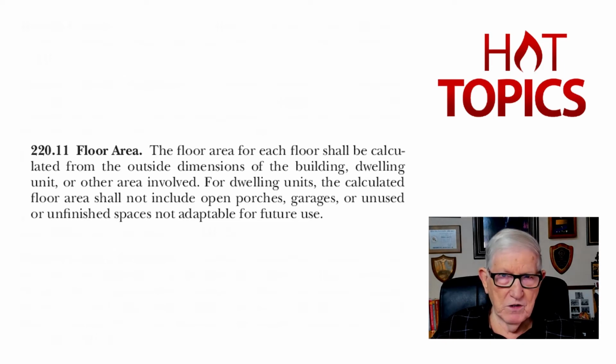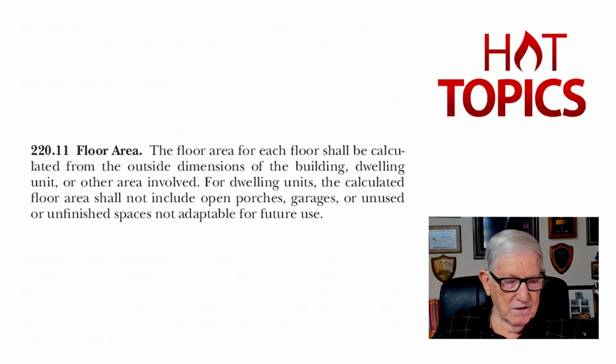There's new material inserted in here. It talks about the floor area for each floor should be calculated from the outside dimensions of the building or the dwelling unit or other area involved. And then they zero in for dwelling units.